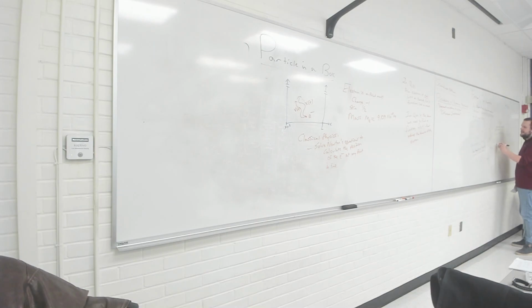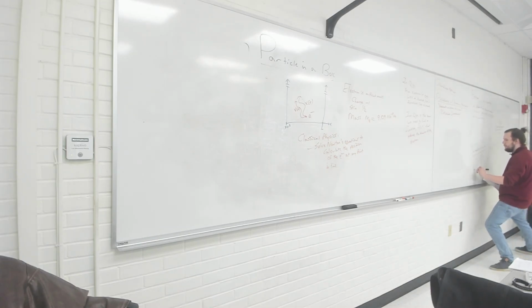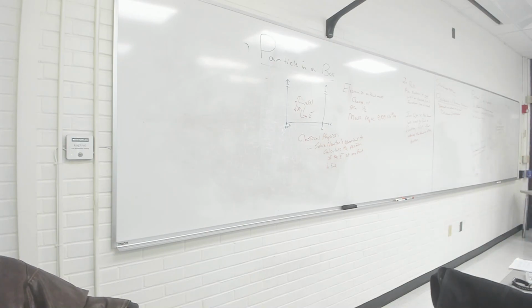Well, the probability has to be 1. So not only is the probability proportional to psi squared, but the integral over all space of psi squared dx has to be equal to 1. It's normalized, as we call it.